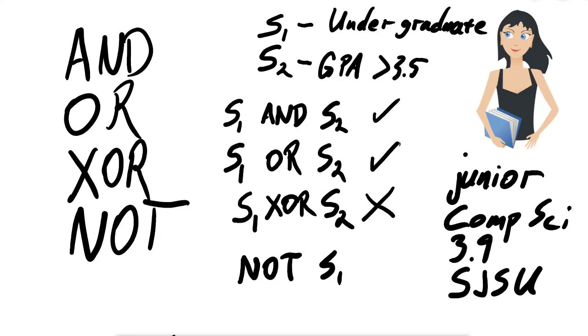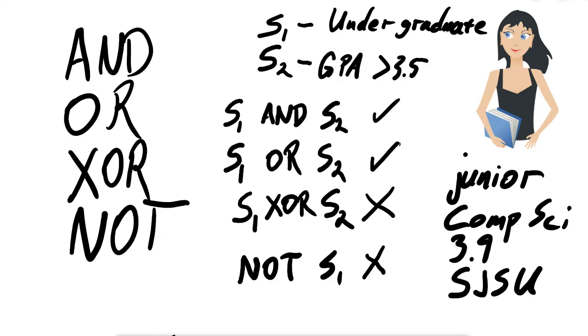And then finally, is Stacy not an undergraduate? This is also false. Stacy is an undergraduate. Okay, so what we see here is the NOT flips the truth value of the statement. So if it's not true, then it's false.